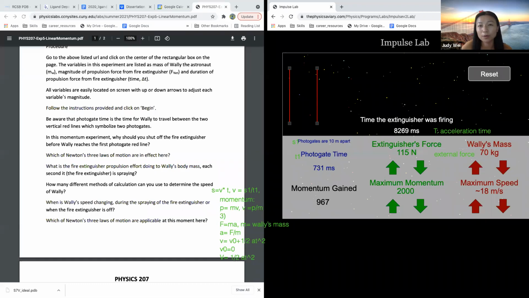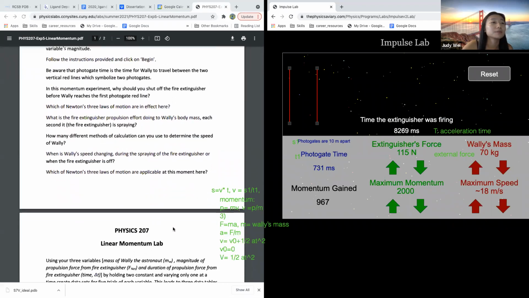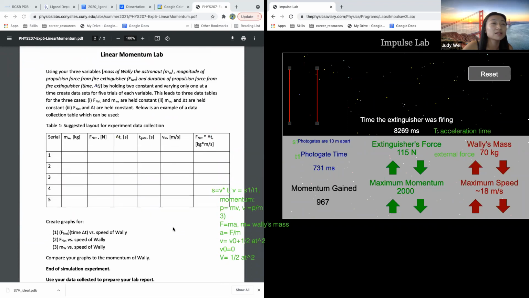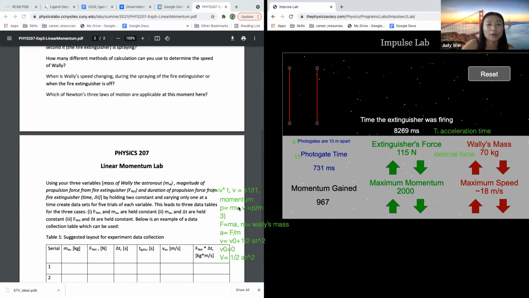You can use one of the ways, but I want you to list all these 3 ways you can calculate the speed. But if you need to calculate the speed, just use one method.